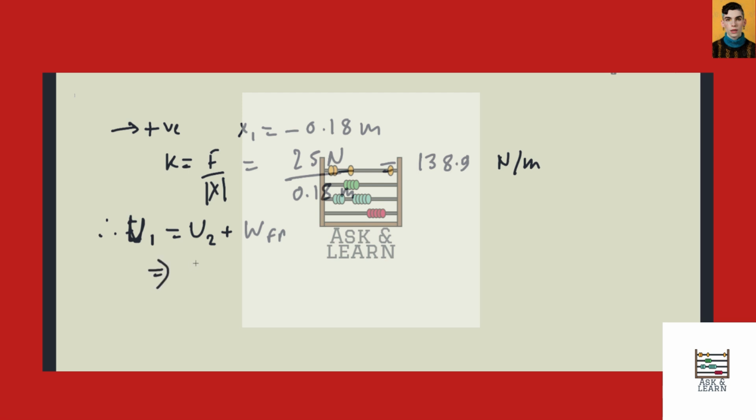So you have 1/2 kx1 squared is equal to 1/2 kx2 squared, x2 being the final displacement and the value we want to find, plus the work done due to friction, which, if you remember, is force of friction times the displacement. So this would be x2 minus x1.